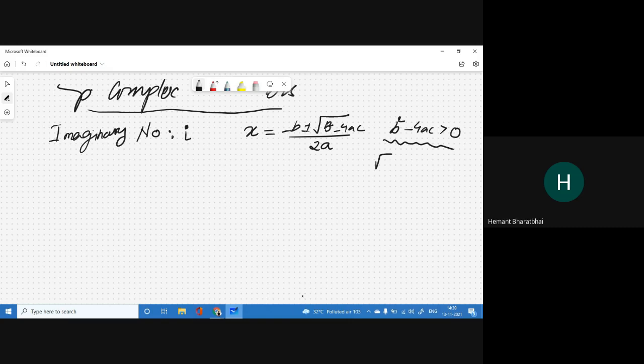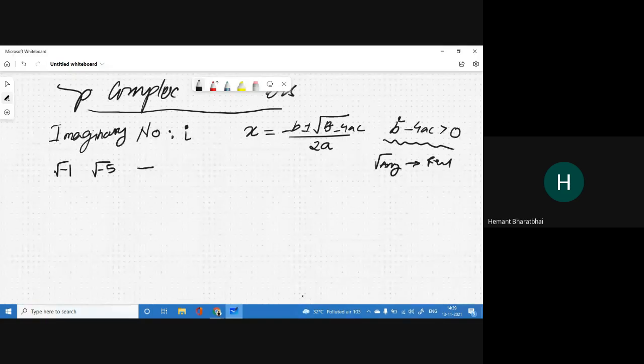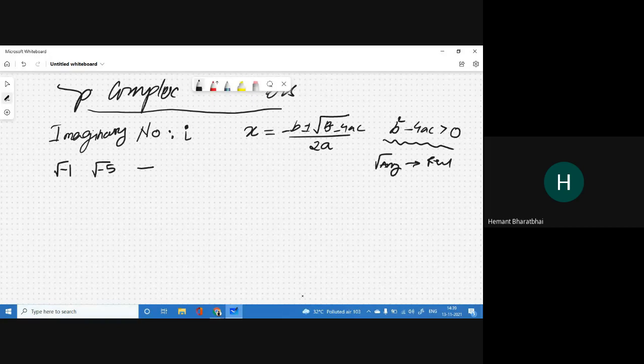Why? Because only when it is greater than 0 do you get real numbers under the square root. We haven't seen under root of minus 1 or under root of minus 5.